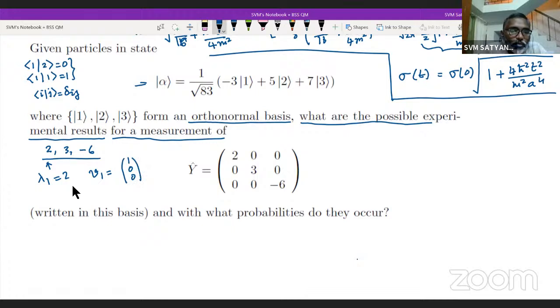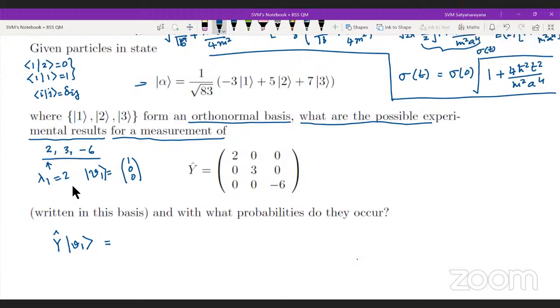Suppose you operate y on V1, let us call this the Dirac ket V1. What will you get? You will get 2, 0, 0, a vector, right?